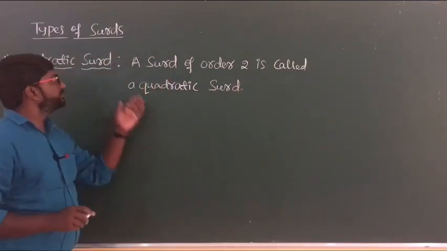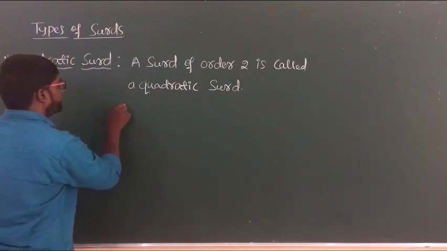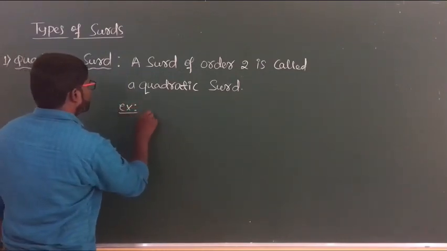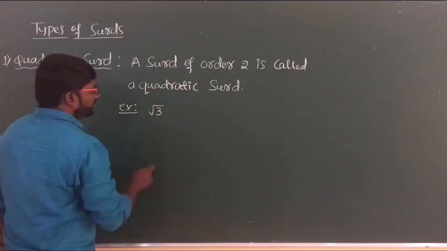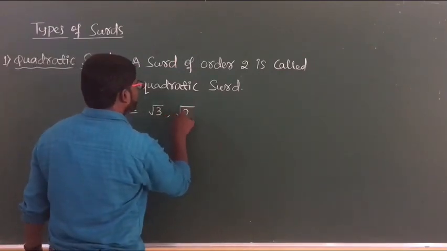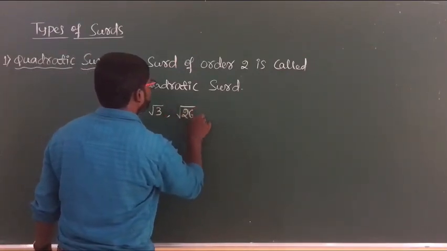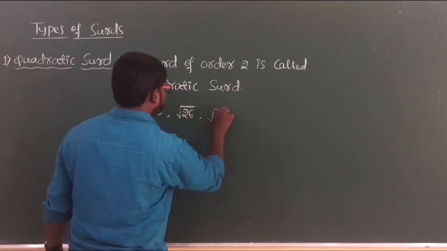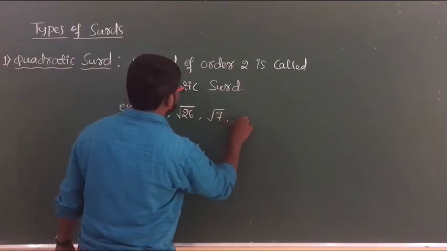The examples for quadratic surds are root 3, then root 26, and then root 7, and so on.